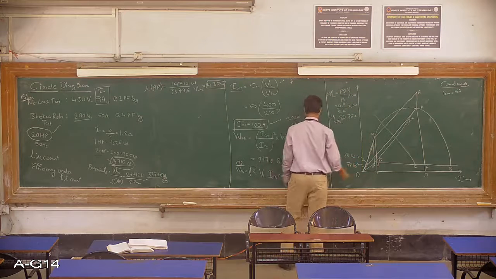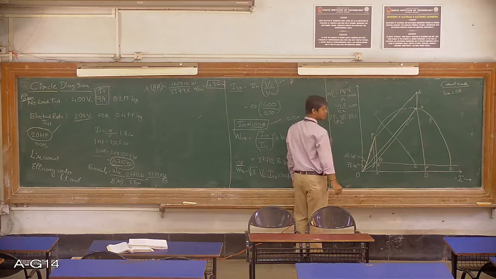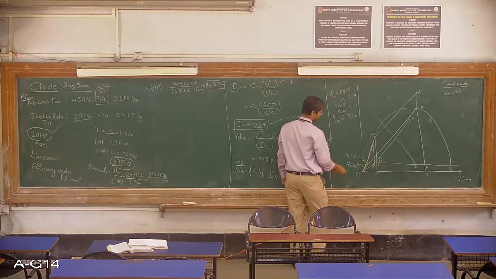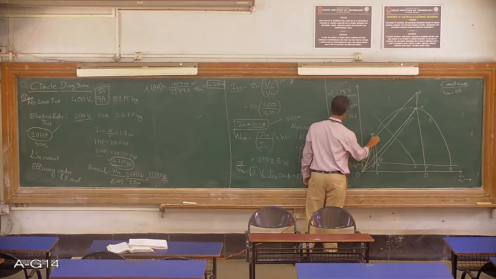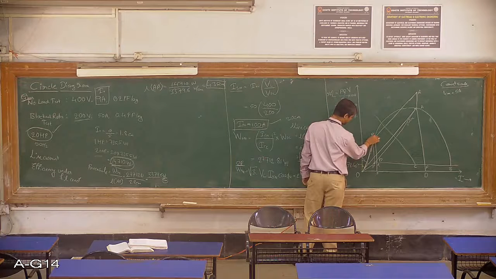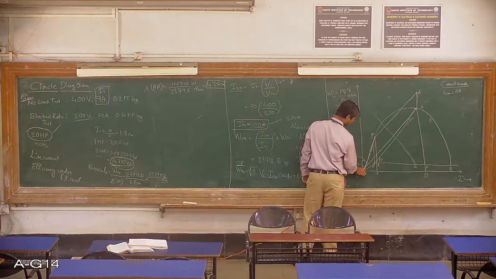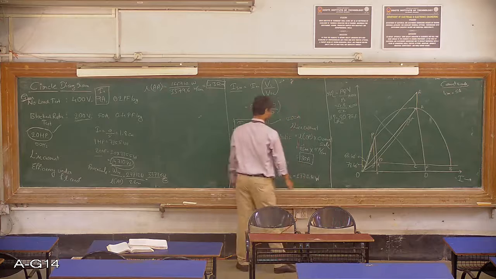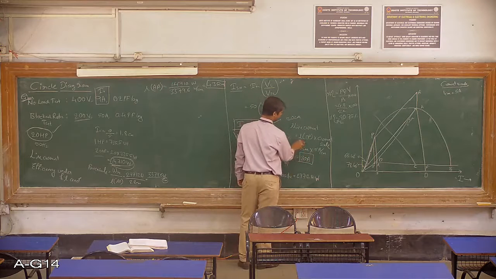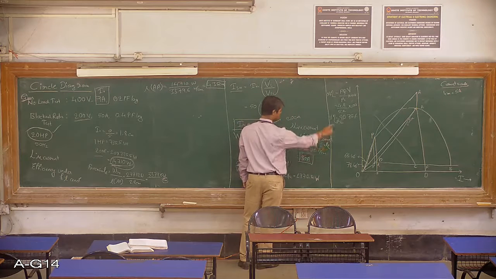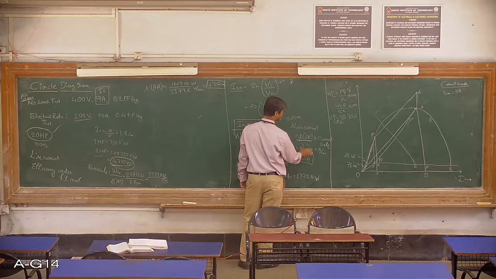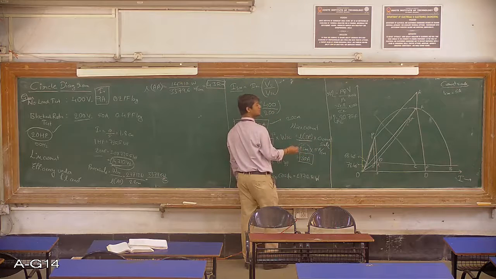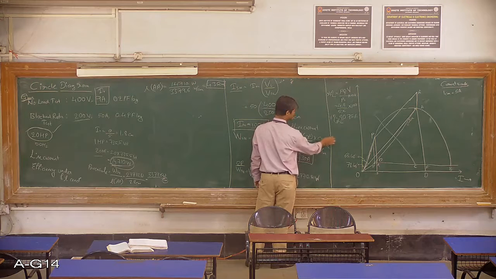They have also asked us to calculate the line current for the full load condition. This is the full load condition point, and from point O draw a line to reach the point P, and this length gives us the line current at full load condition. Just measure the length of OP, which is 6 centimeters, but we want the line current in amperes, so multiply by the current scale.